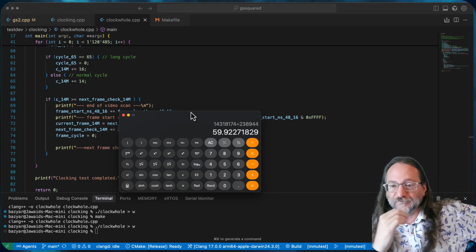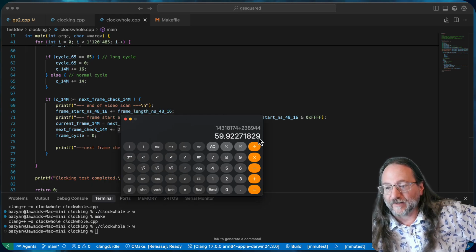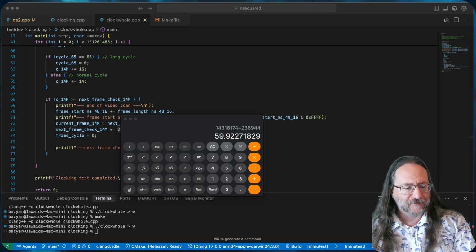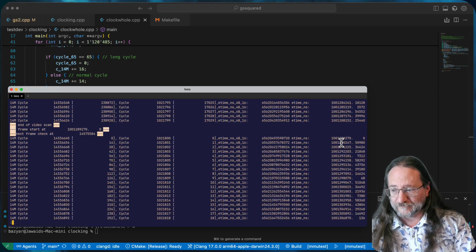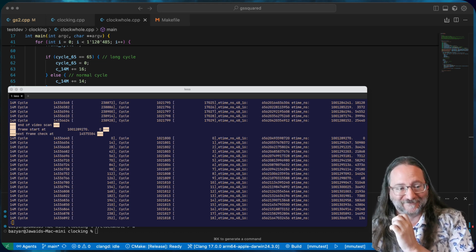So this is going to have exactly this many frames per second, which is exactly correct for an Apple II. And our number of instructions per second was exactly right. So I think we're done.